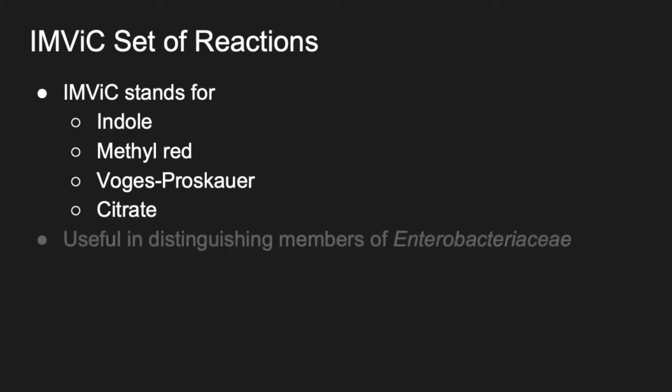Those different tests all make up the IMVIC name. And why do we do IMVIC? It is useful in distinguishing members of Enterobacteriaceae. So using these different IMVIC tests, we can perform a test on something, and based on the result, we can say, is it this type of Enterobacteriaceae or is it a different type?